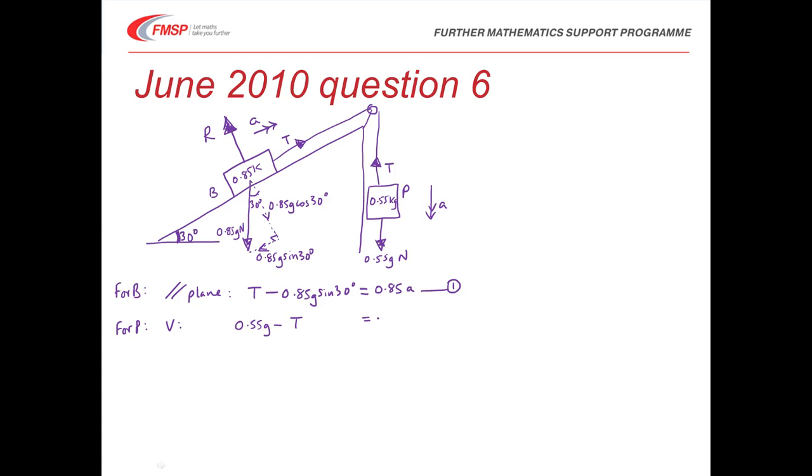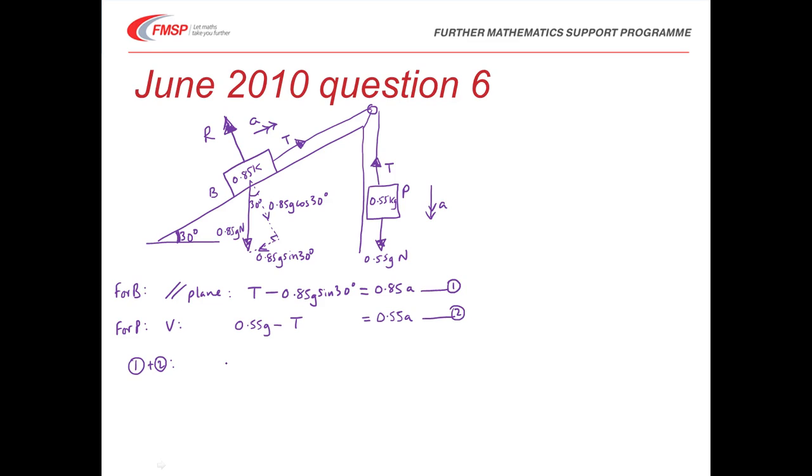And that'll be equal to the mass, 0.55, times the acceleration, and there's equation 2. You can see from these two equations what we normally see, which is that T is positive in one and negative in the other. So our best option is to add equation 1 and equation 2.